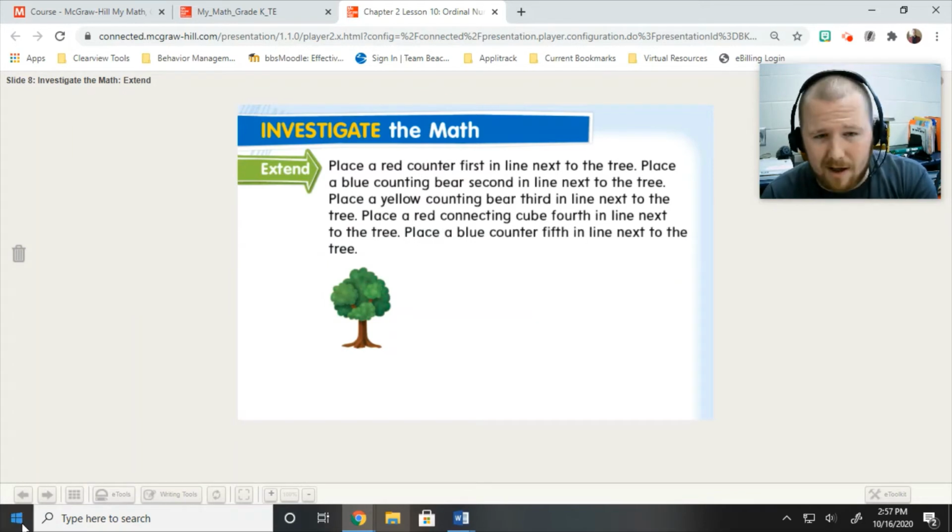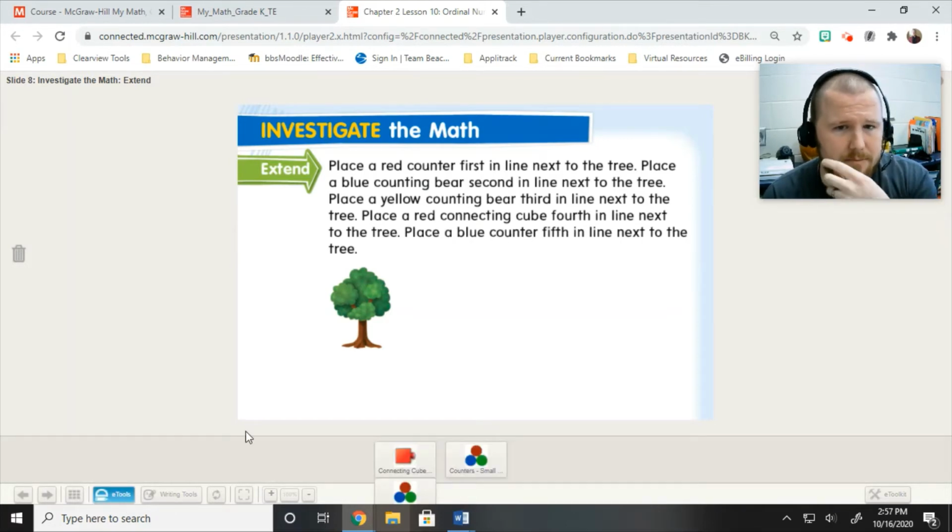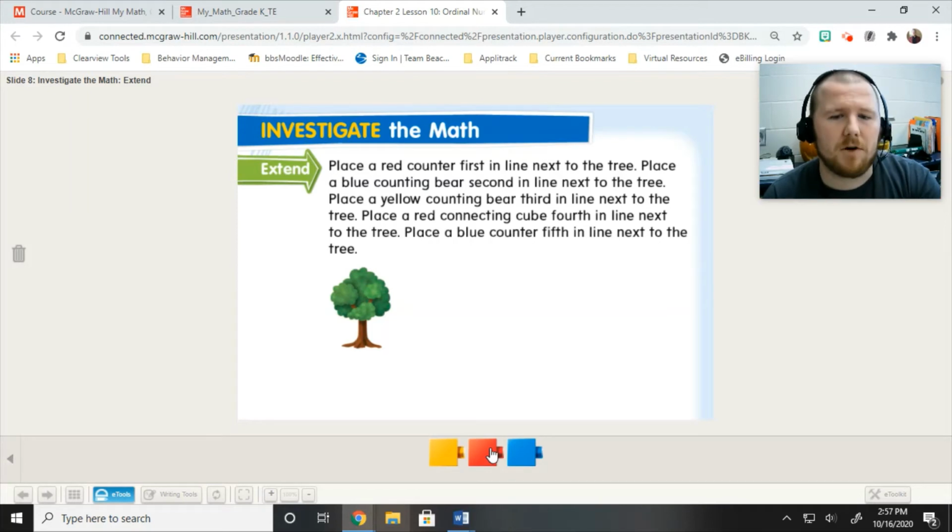Now we don't have anything, but we're going to be making a line going towards the tree. So I'm going to need some objects here. It says place a red counter first in line. So first in line, right there. Then it says put a blue bear second in line. Good for him.